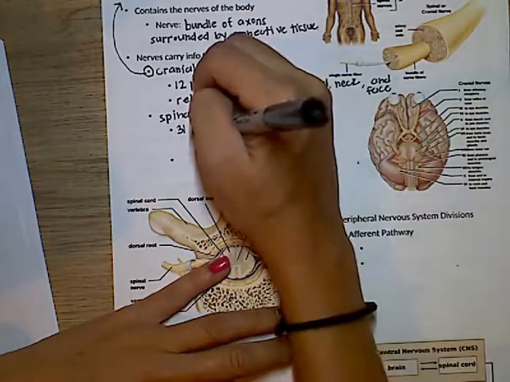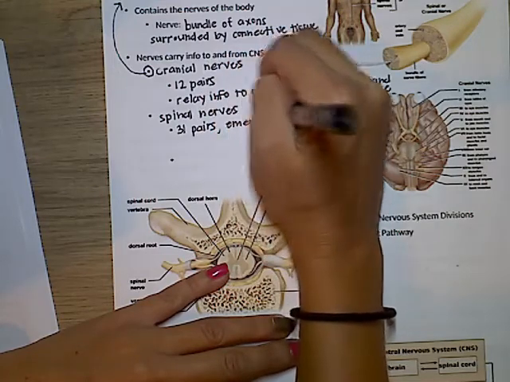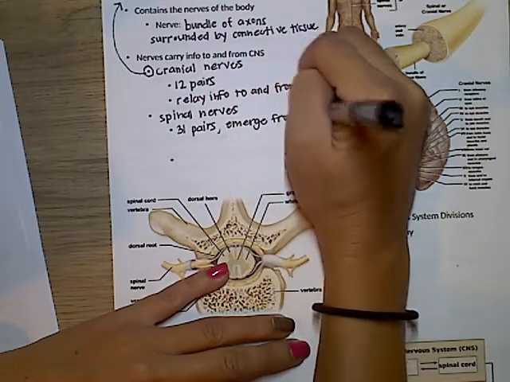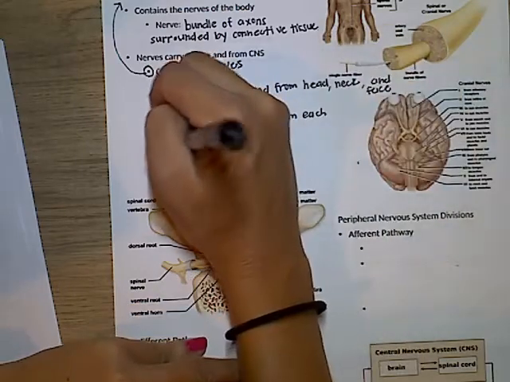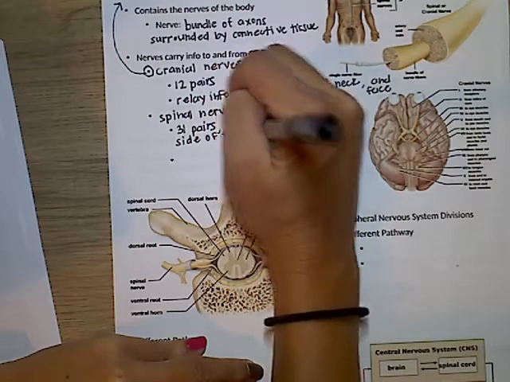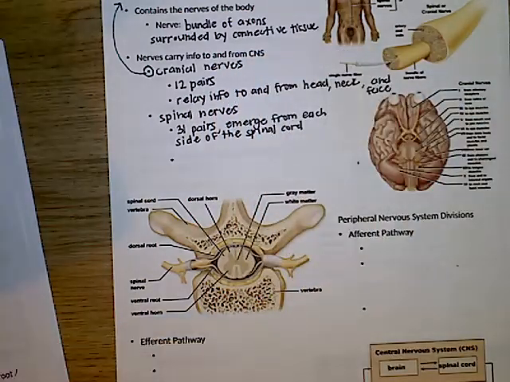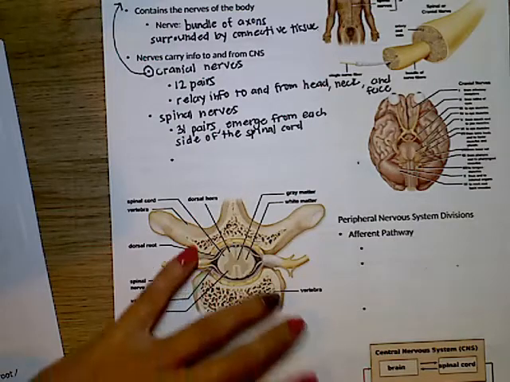They emerge from each side of the spinal cord, and they relay information to and from the rest of your body.